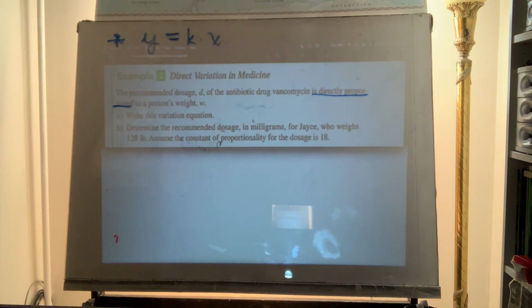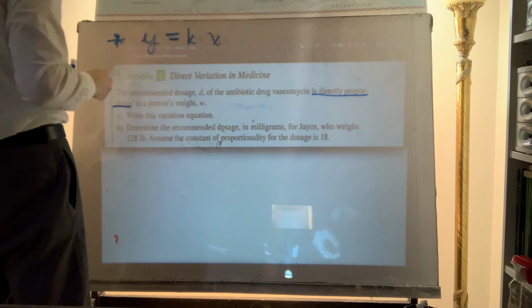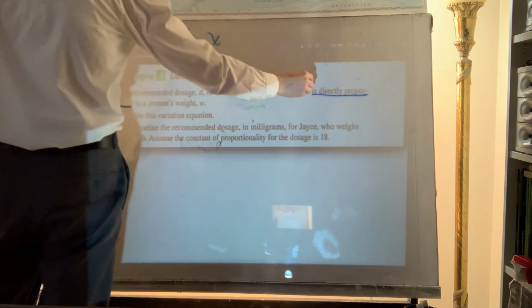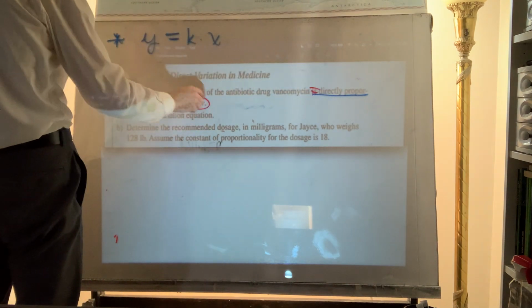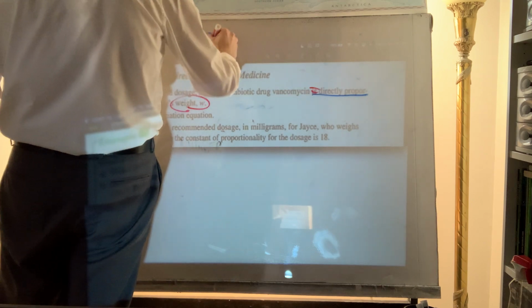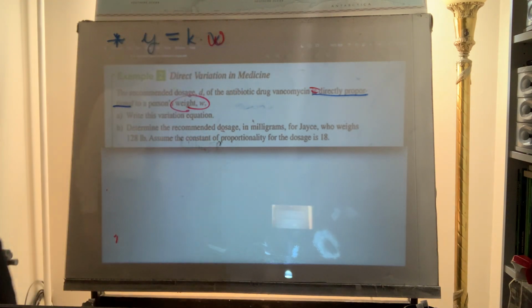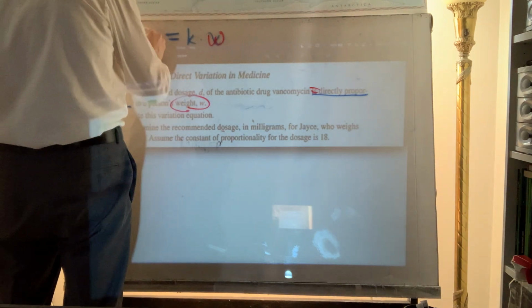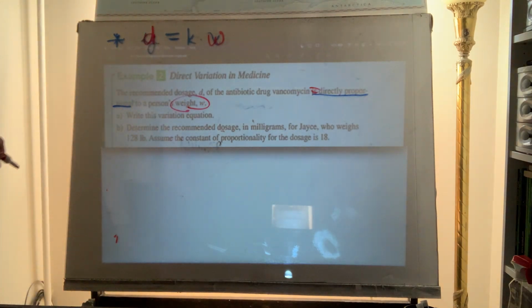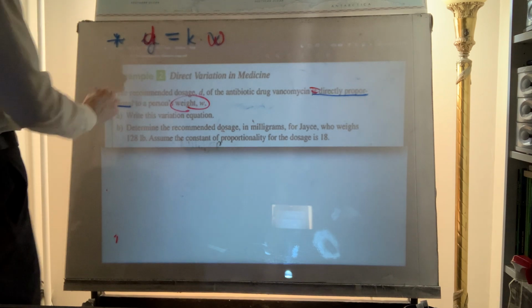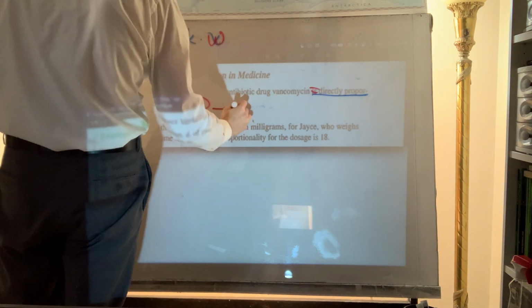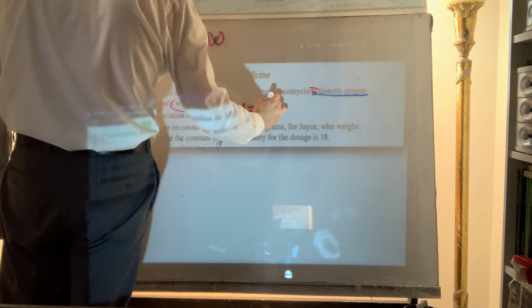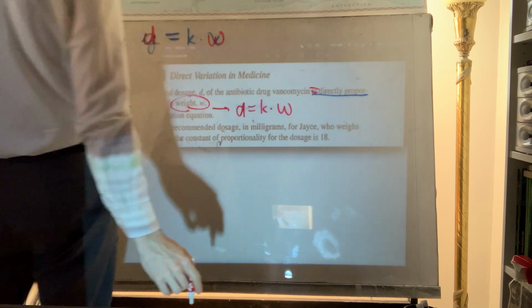What we'll be substituting is what follows the word is, W for weight. So we put a W in place of x in this instance, and dosage in place of y. Write the variation equation. To write it a little bit more cleanly, it should be: D is equal to k times W.